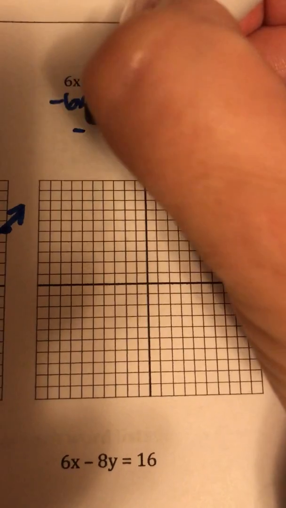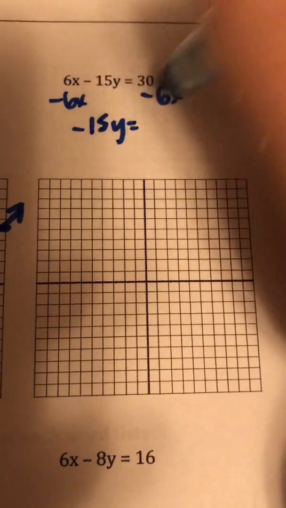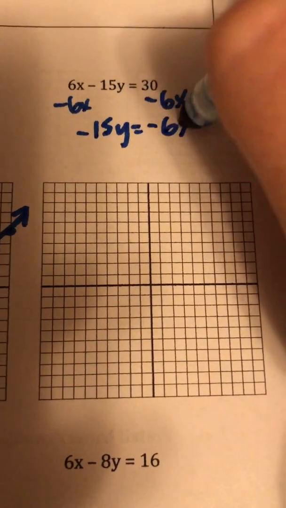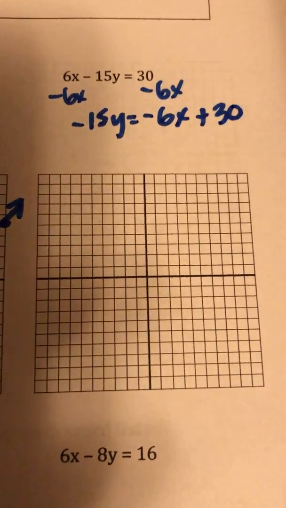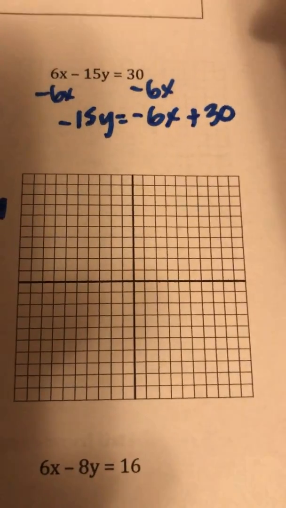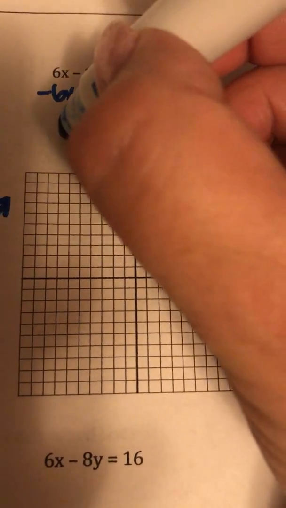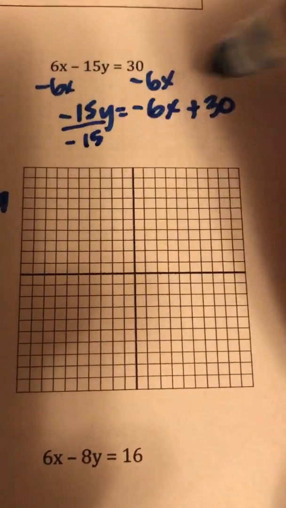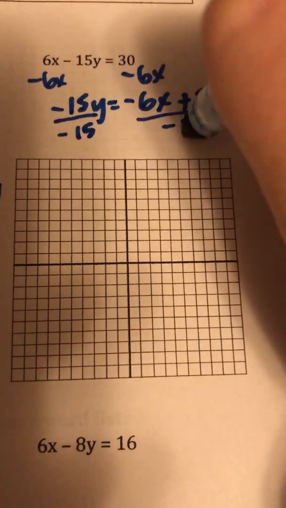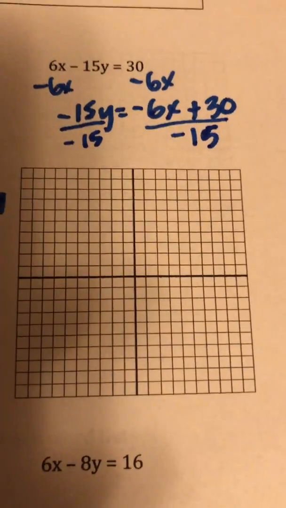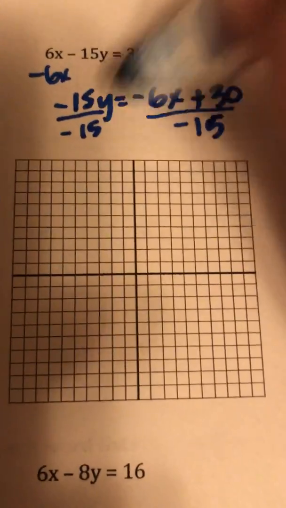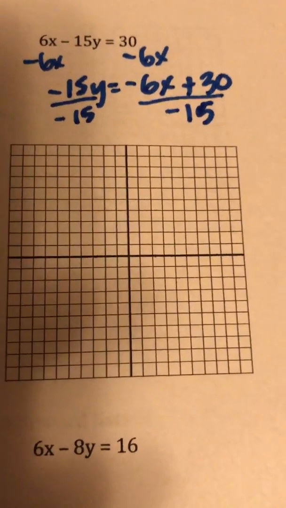So now we have negative 15y equals negative 6x plus 30. Now in this case we have a negative 15, so we need to divide by negative 15. We divide this side by negative 15. That's going to get our y positive.